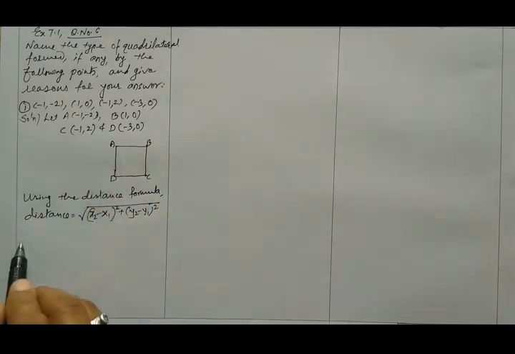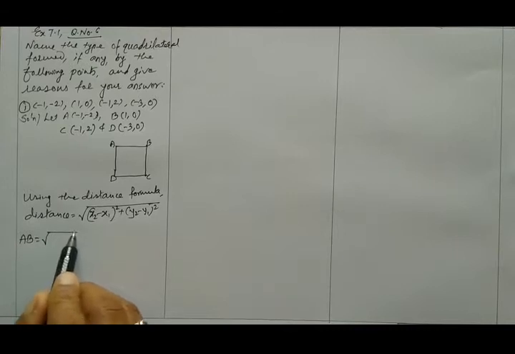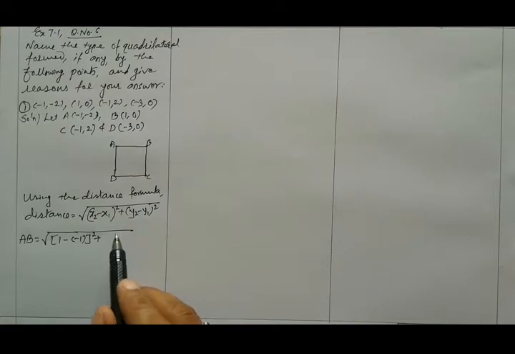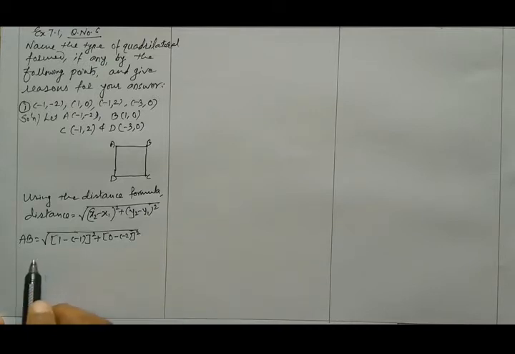Let us find now AB. So AB is equal to under root (1 minus minus 1) whole square plus (0 minus minus 2) whole square. Let us calculate this.